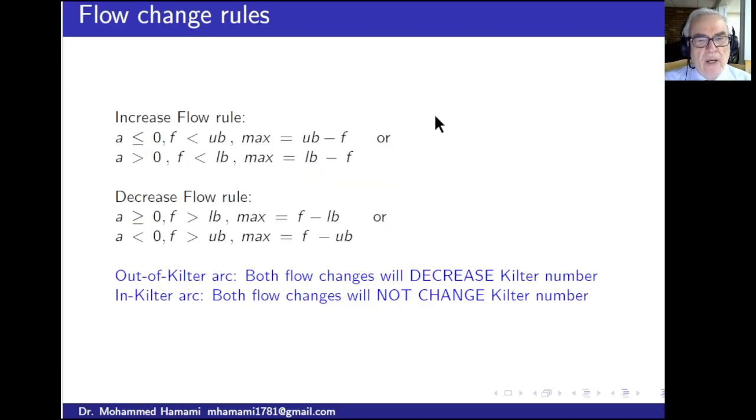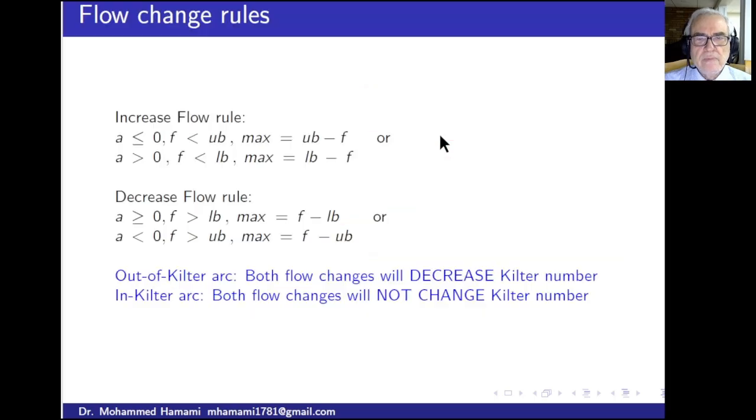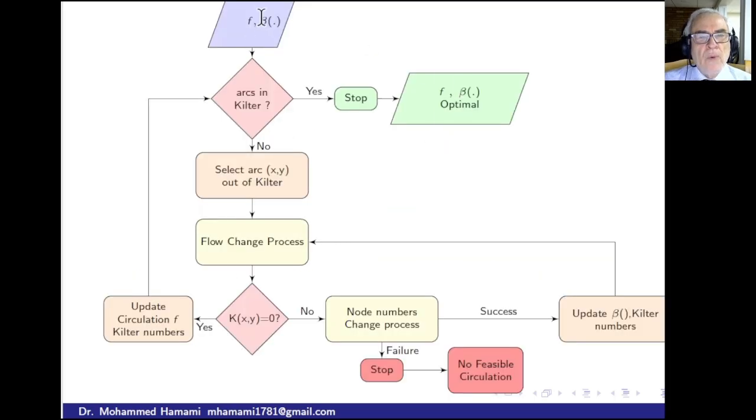So now let's give the overall flow chart of the out of Kilter algorithm. We enter the algorithm by providing an initial circulation, not necessarily a feasible circulation, and a set of dual variable beta values.